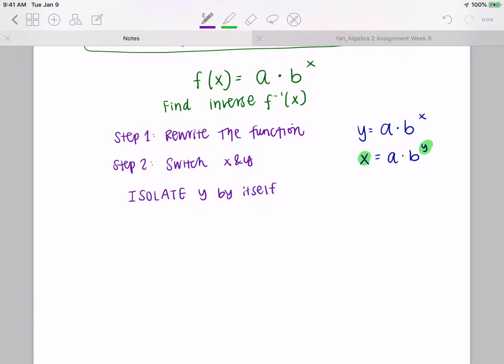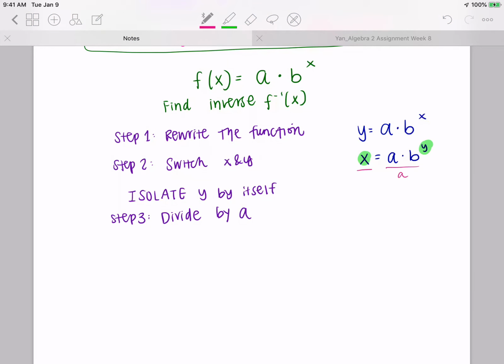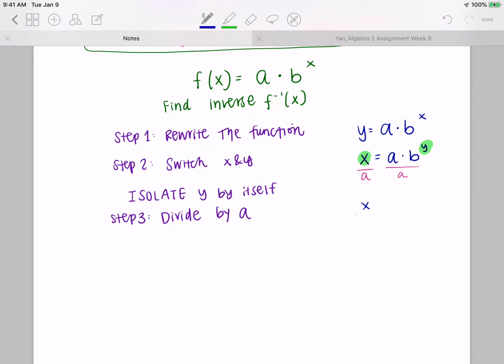So step 3 now, we're going to divide by a. From this step, if I divide by a on both sides, it would be x over a equals, the a crosses out, so I have b to the y power. So the side with the y looks a little bit shorter now.